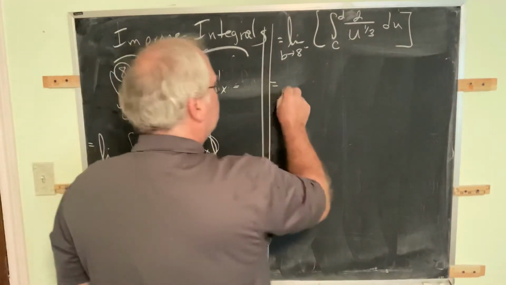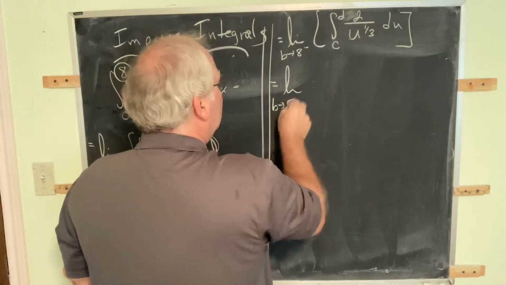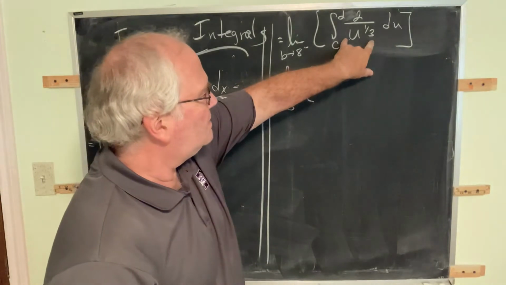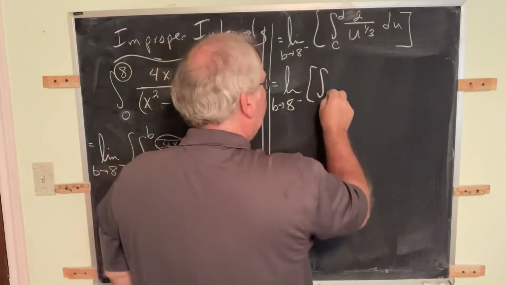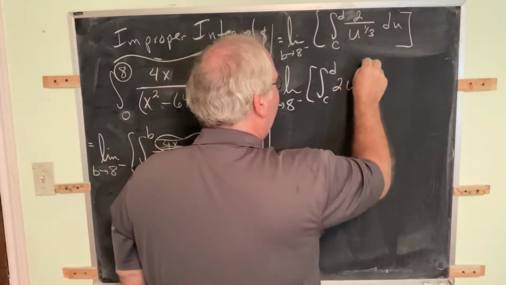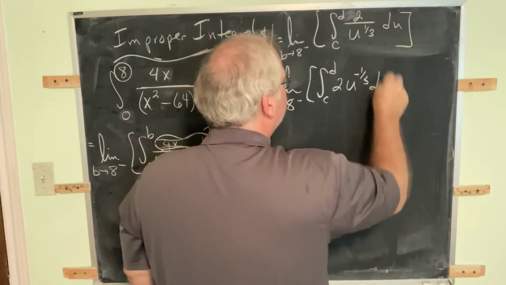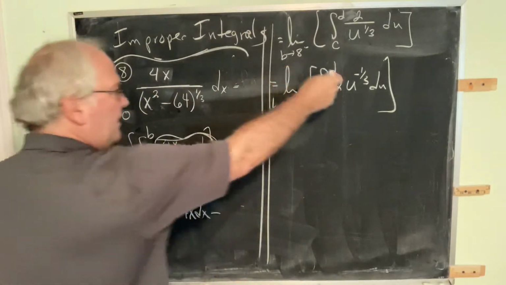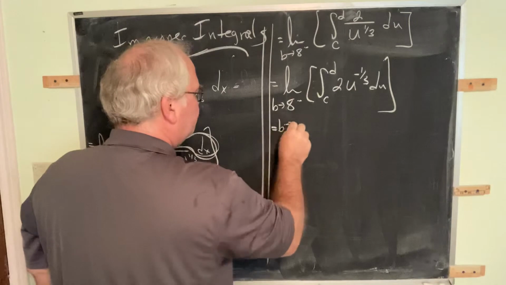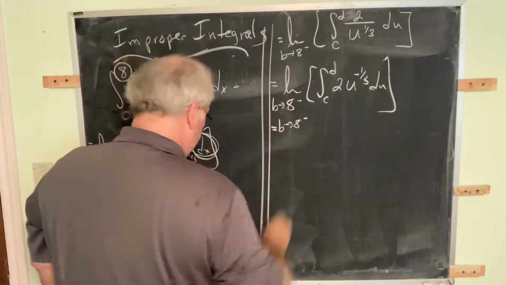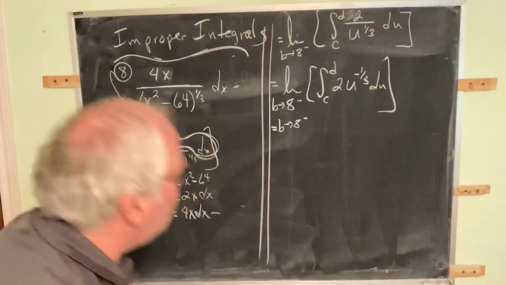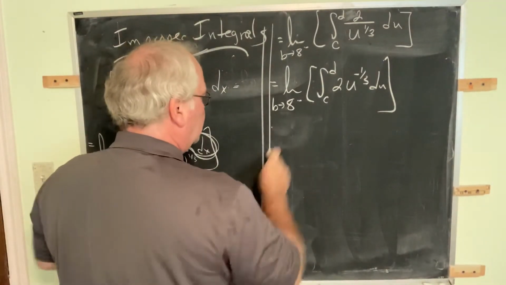And so what do we have here? This is the limit, b goes to 8 from the left. The antiderivative here, let's go ahead and write all the details. This is 2 times u to the negative 1/3, between dummy limits c and d. I've just rewritten the expression because I'm going to use the power rule here in just a bit. This is the limit statement.